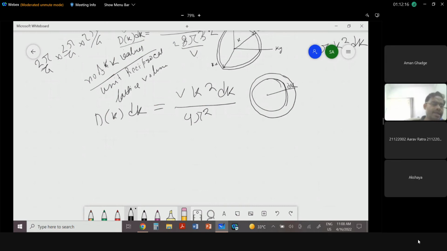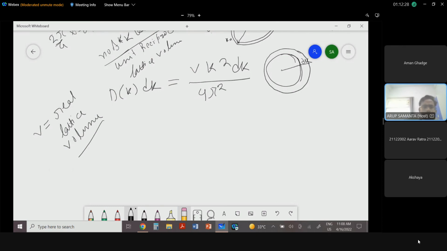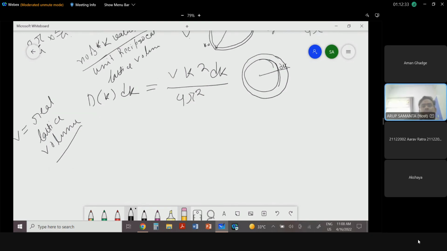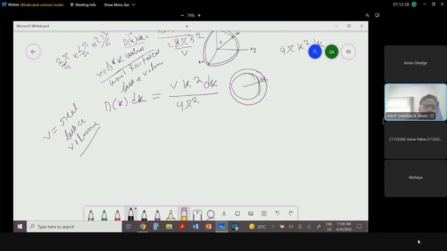Now I want to change this k value in terms of energy. So per unit energy, how many states are available, or how many energy levels are available per unit energy. So this should be dk by dE.